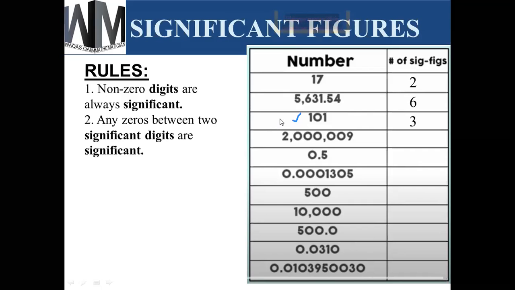Now let's move towards the third rule. It is written 0.5. In this number, a zero is not written between two non-zero numbers.